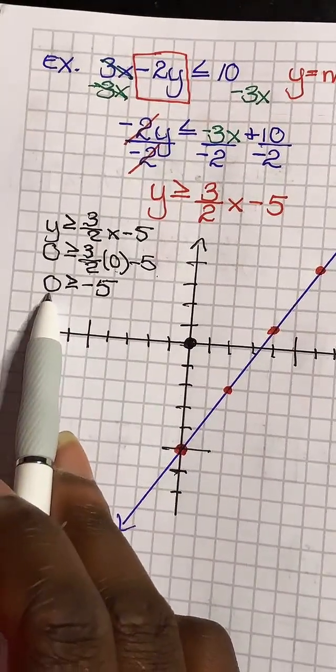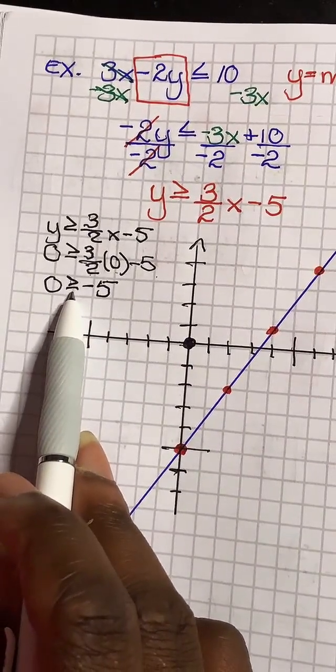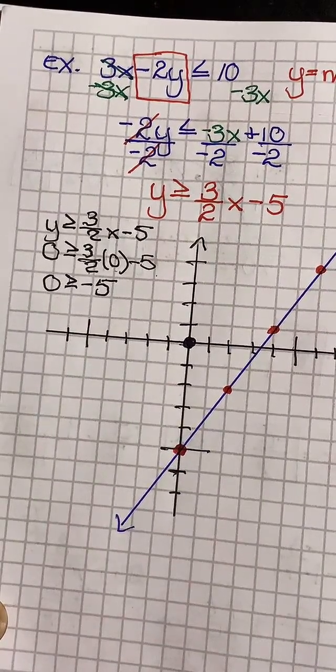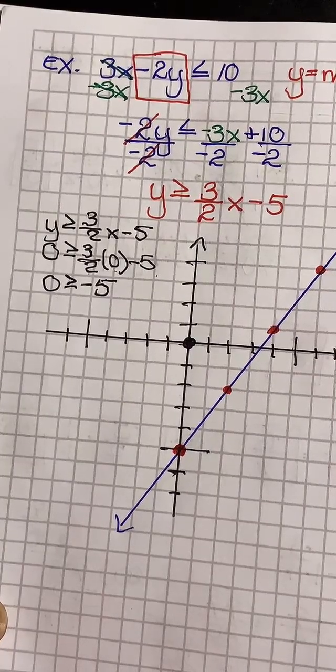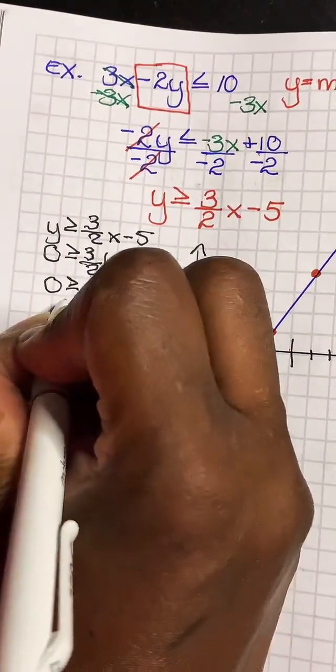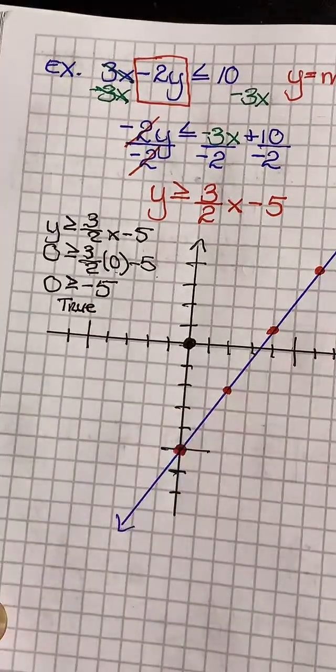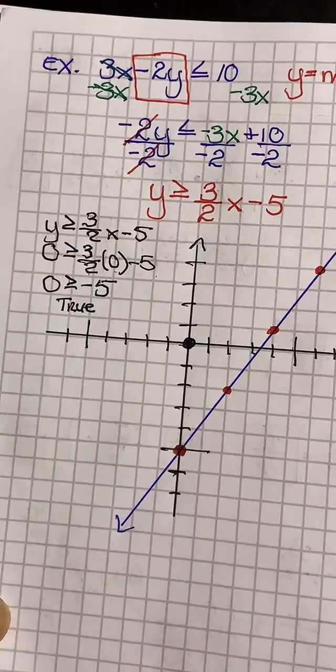So is 0 greater than or equal to -5? Is it a true or a false statement? Yes, it's a true statement. Good, awesome.